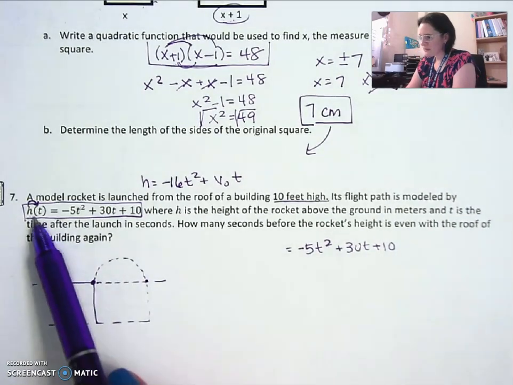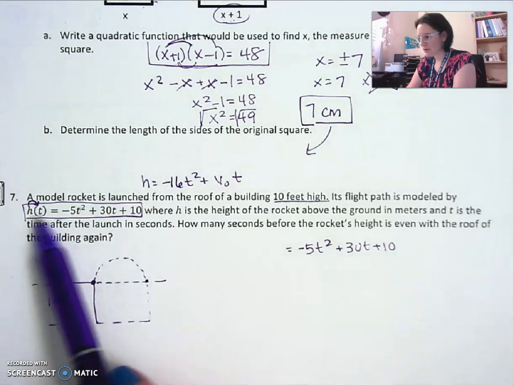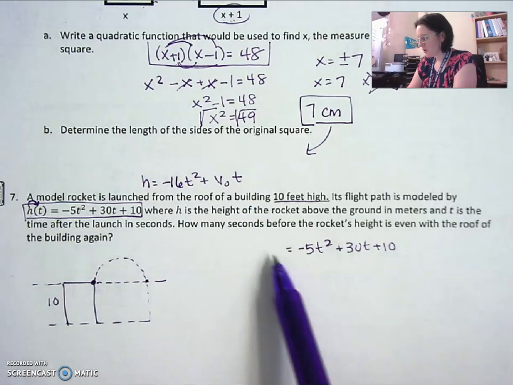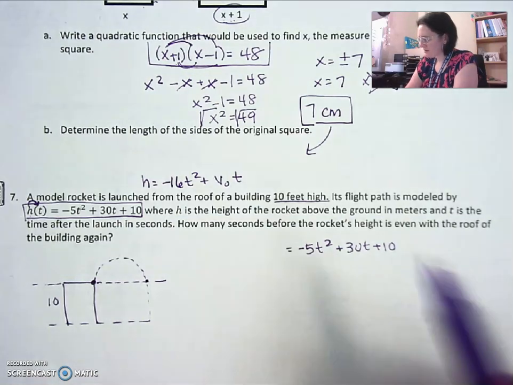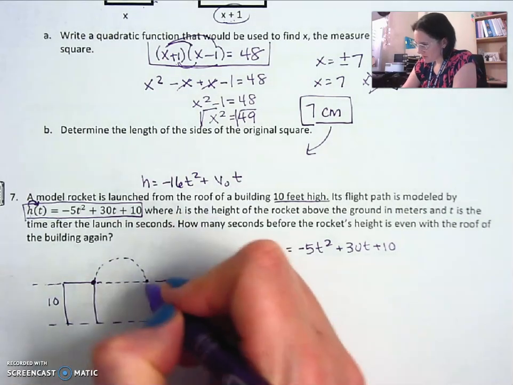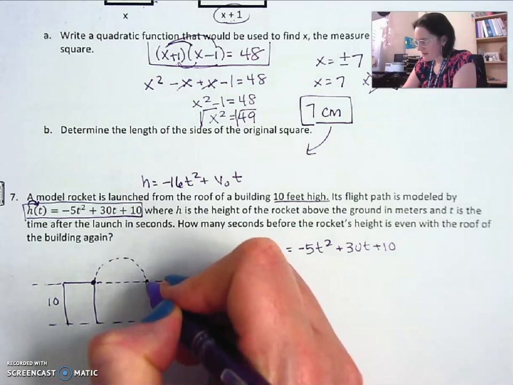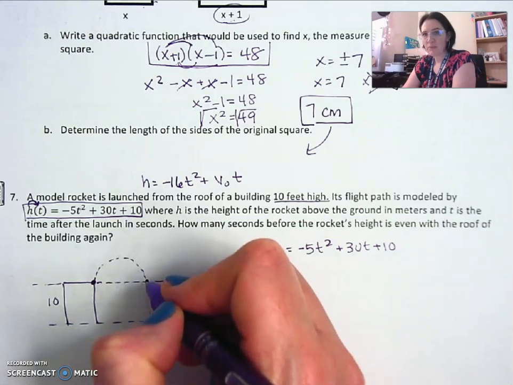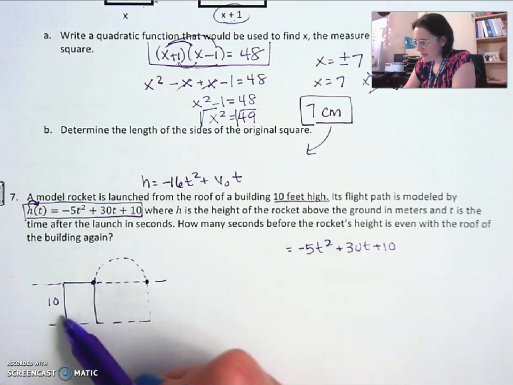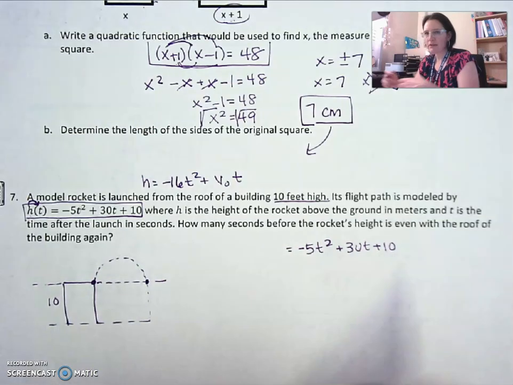But I need some kind of number on this side so that I can start solving. What am I going to put in for the height? Well, what is the height here? The height there is not 10, but 0. The 10 is already part of the formula, so I don't have to plug that back in.